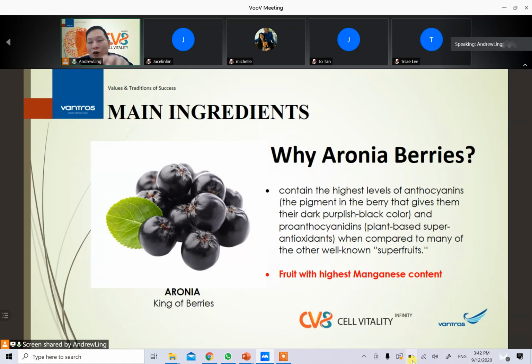If you compare other types of berries with aronia, it contains the highest level of these natural antioxidants. At the same time, this fruit contains the highest manganese content. I will explain further what role manganese plays. Okay, that is one of the very special ingredients that we use.